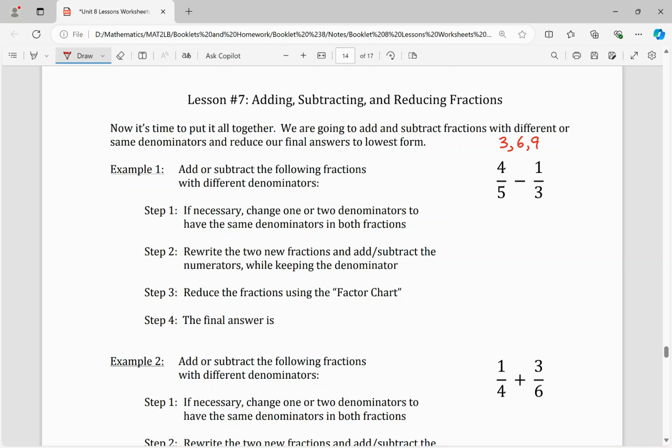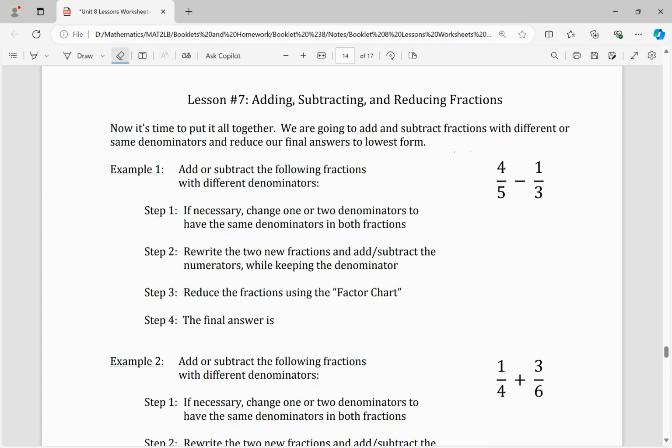We passed right over 5, but we didn't count into it. So we can't use that strategy where we skip count. Another way to tell that you can't use this strategy is if I divide 5 by 3, I don't get a whole number. I get a decimal. And that tells me that that shortcut doesn't work.